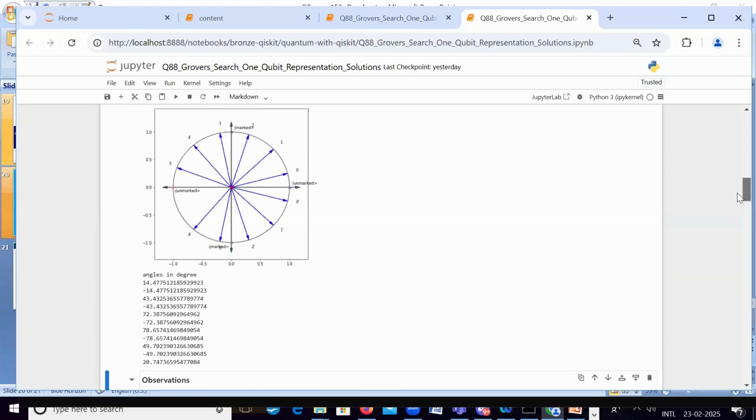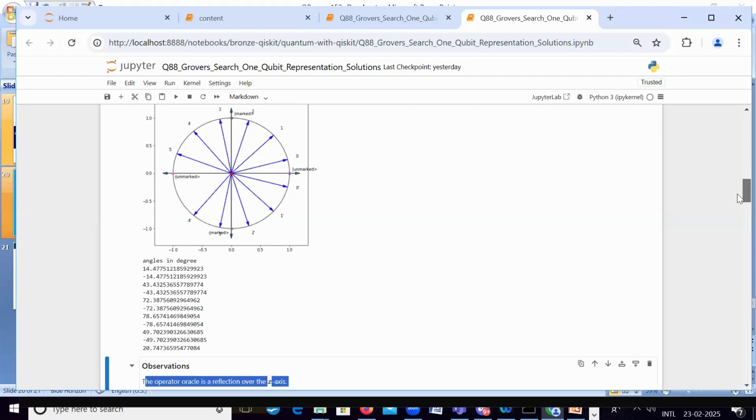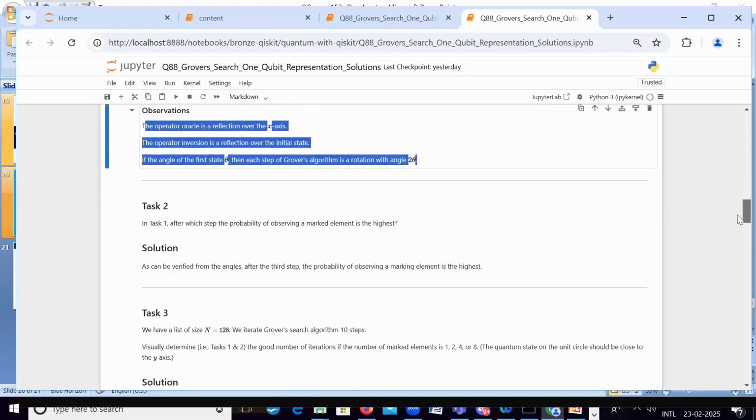So here it looks twice. Yes, Grover's algorithm is a rotation with twice the angle.